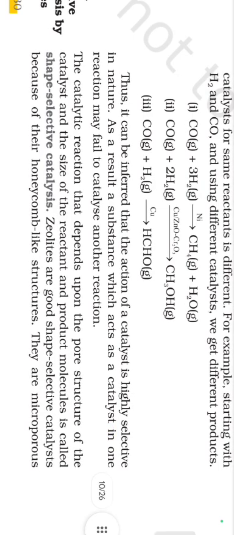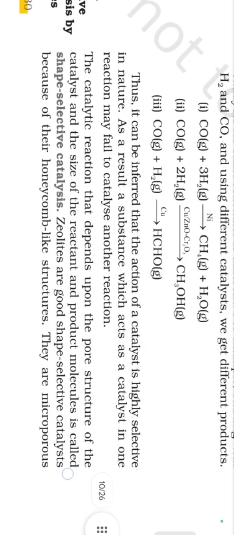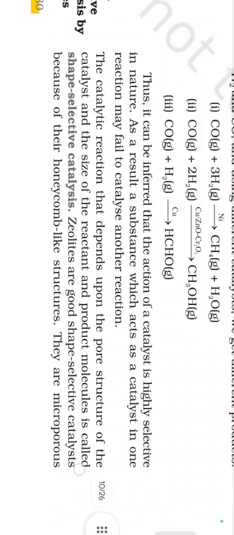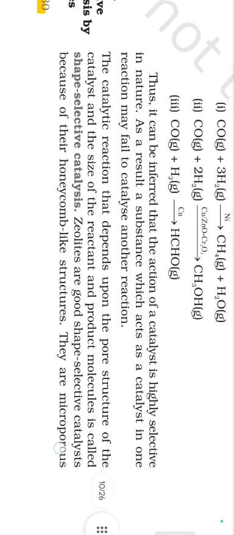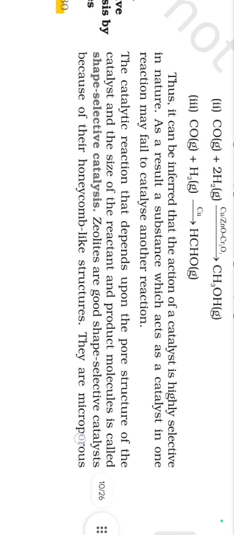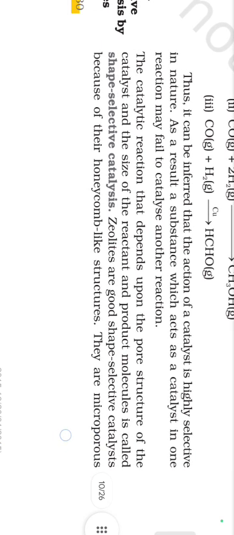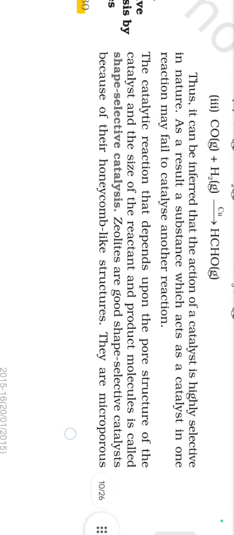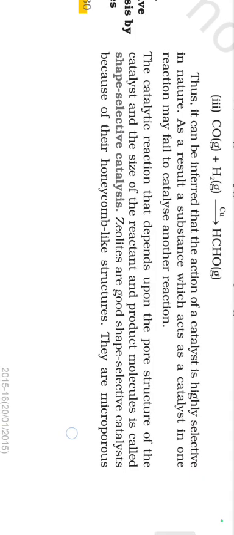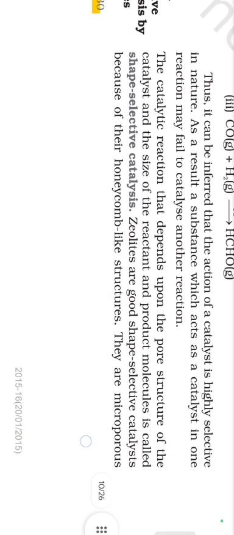First, CO(g) + 3H2(g) in presence of nickel gives CH4(g) + H2O(g). Second, CO(g) + 2H2(g) in presence of copper, zinc oxide, Cr2O3 gives CH3OH(g). Third, CO(g) + H2(g) in presence of copper gives HCHO(g). Thus, it can be inferred that the action of a catalyst is highly selective in nature.